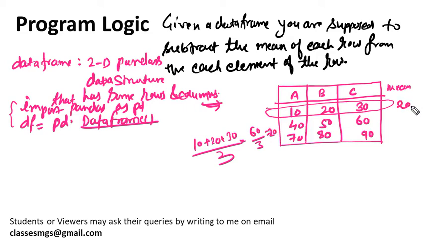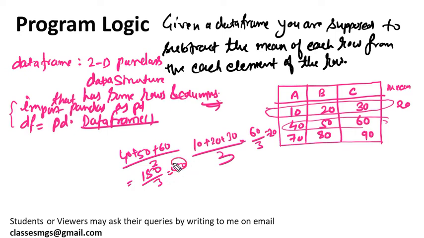So 20 is the mean of this row. Then what is the mean of this row? 40 plus 50 plus 60 is 150, divided by 3, and it will be 50. So 50 will be the mean of this row.